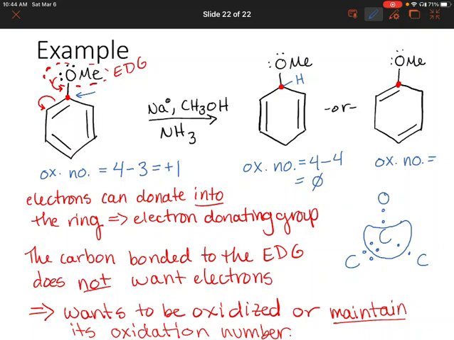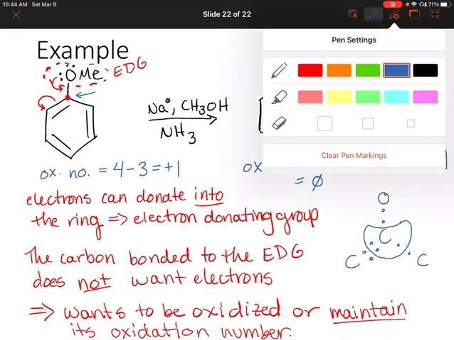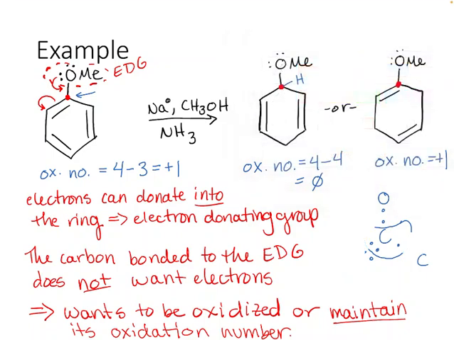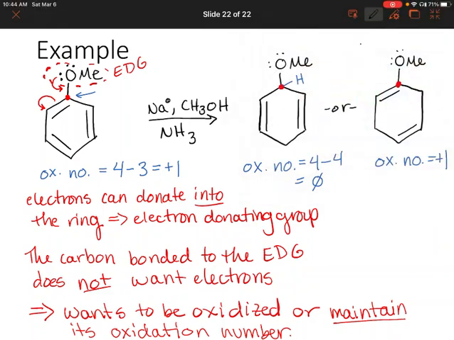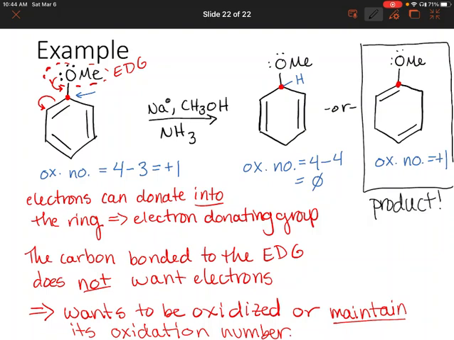So that would be 4 minus 3, which is positive 1. So that means we have maintained the oxidation number of carbon in that second product, which is what we want. All right, so that second product is our preferred product. And the first potential product is not observed.